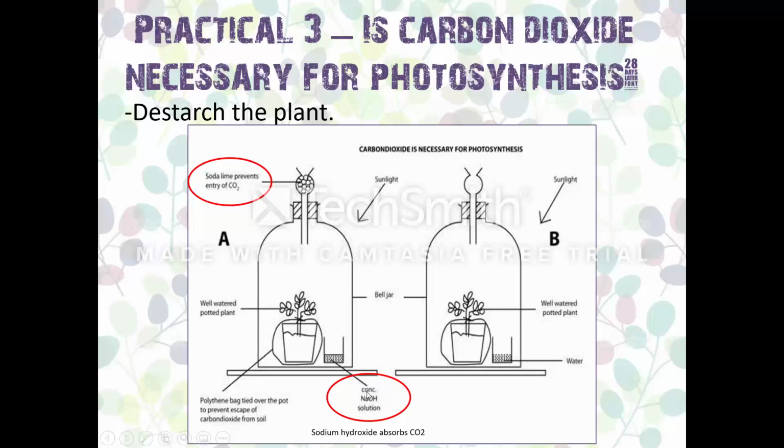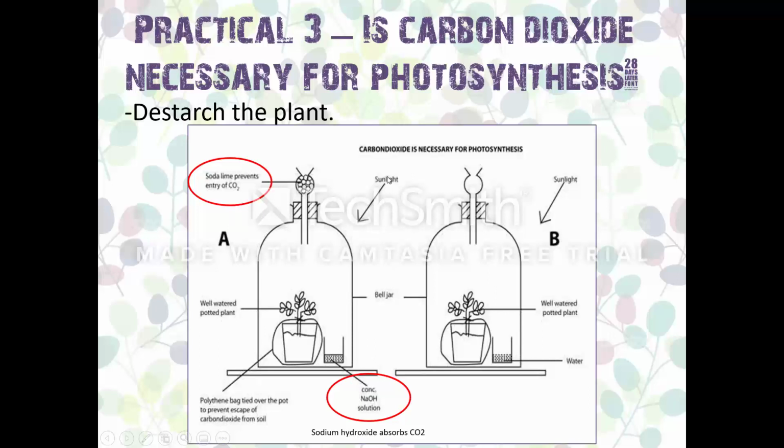Sodium hydroxide absorbs carbon dioxide. In other words, this carbon dioxide that's floating around here in the air is going to be absorbed by the sodium hydroxide to remove it from the air, so that eventually there is no carbon dioxide inside this bell jar in order to do my test. Okay, this setup over here is my control.